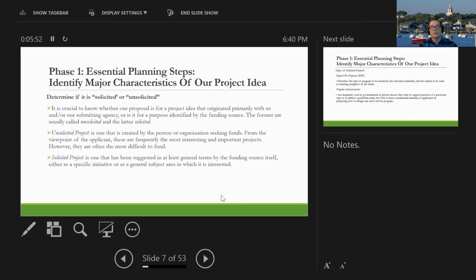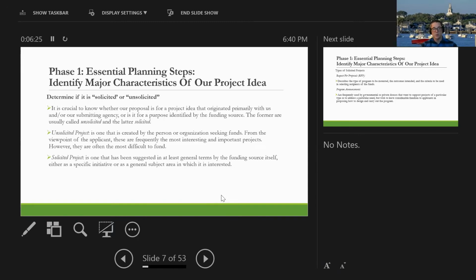So why are these terms important in the beginning of our process? Unsolicited proposals, so proposals that we're developing off a need that we've established, are going to be really tailored to a project defined by our ideas, our respective organization. When you start going towards a solicited award, you're going to have to start shifting your project idea to match that funding resource's interest.